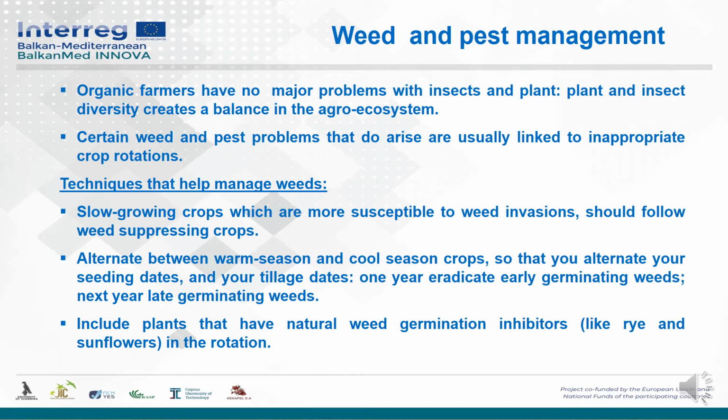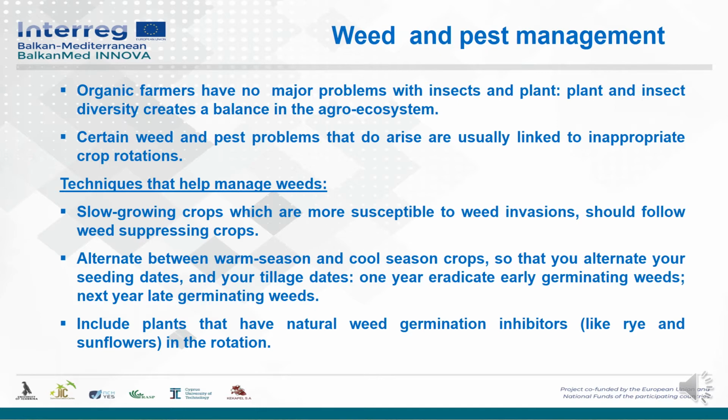So, not to kill them, but to create a system that creates its resilience and creates balances. Organic farmers have no major problems with pests, diseases and weeds. Plant and insect diversity creates a balance in the agroecosystem. Certain weed and pest problems that arise are usually linked to inappropriate crop rotations.